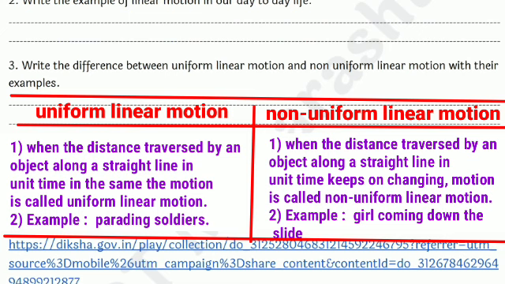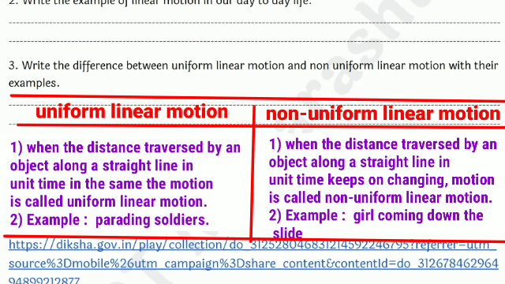When the distance traversed by an object along a straight line in unit time keeps changing, the motion is called non-uniform linear motion. The second example, a girl coming down the slide, is a non-uniform linear motion.